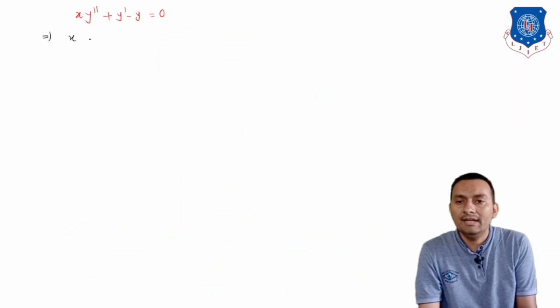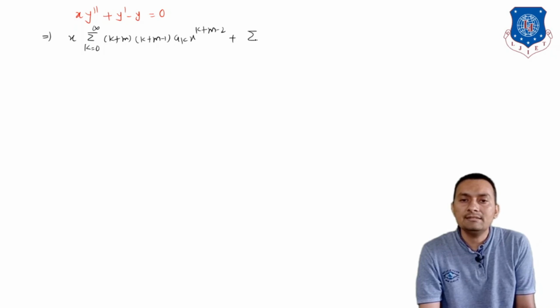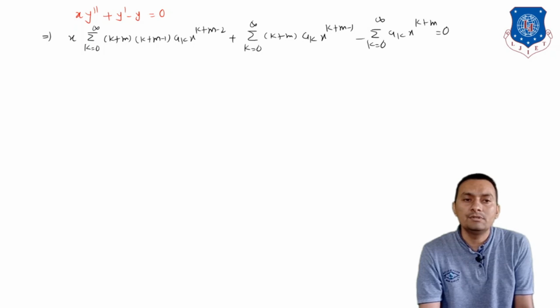Here y double dash, summation from k equal to 0 to infinity, k plus m, k plus m minus 1, ak x raised to k plus m minus 2, plus y dash, that also you can see, k equal to 0 to infinity, k plus m, ak x raised to k plus m minus 1, minus summation from k equal to 0 to infinity ak x raised to k plus m is equal to 0.